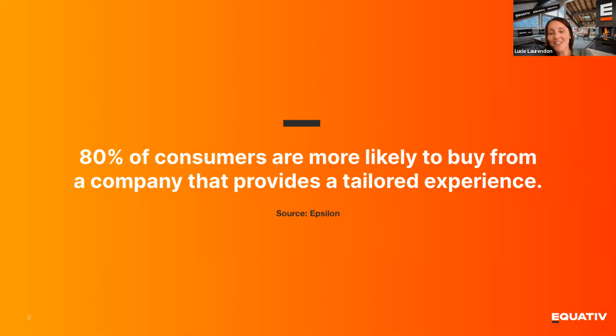So let's get it started. Talking about addressability, it's important to say that 80% of consumers are more likely to buy from a company that provides a tailored experience. And we all know that the advertising and the campaigns that are better targeted and more personalized towards the buyers have better performance.